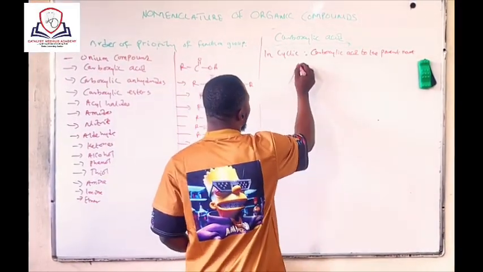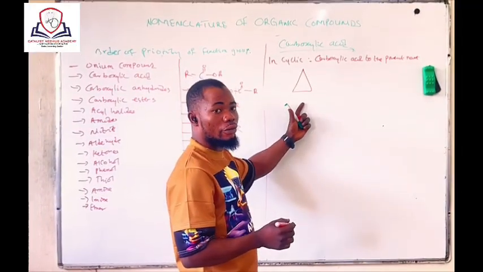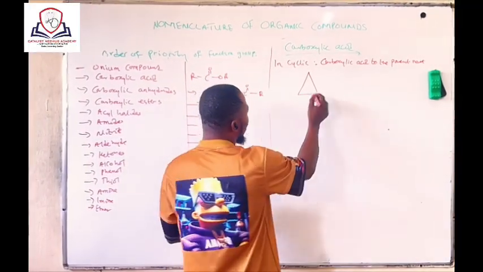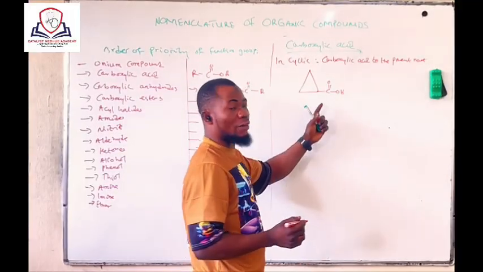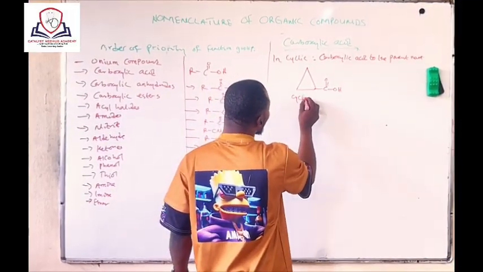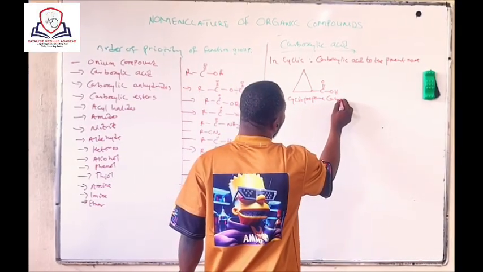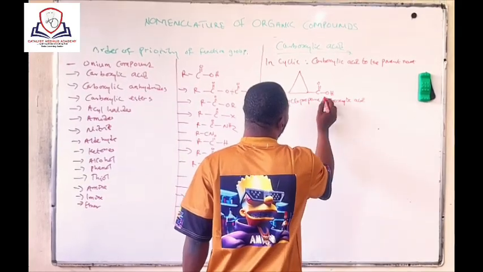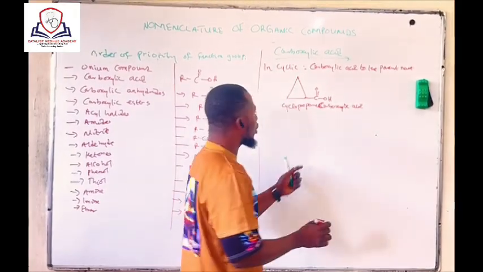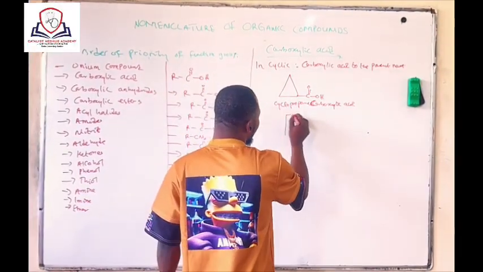Example: we know that this is cyclopropane as our parent name. Then, adding the carboxylic functional group, I've changed it to cyclopropane carboxylic acid.